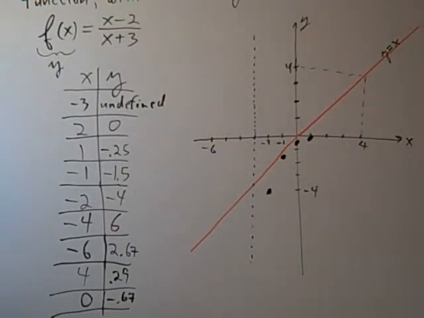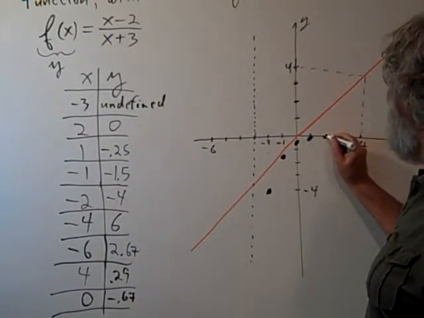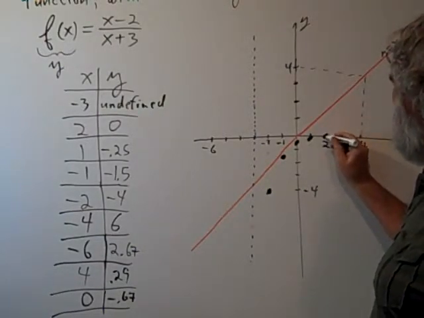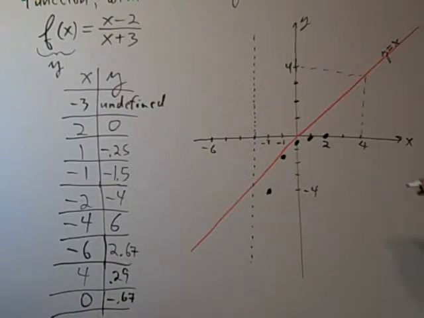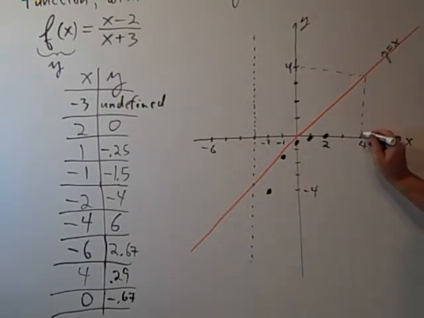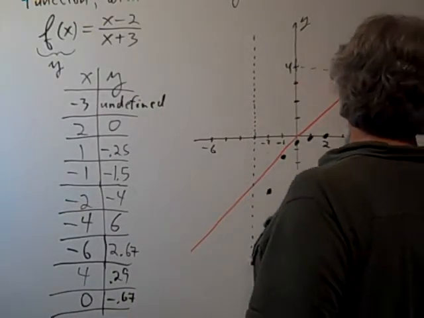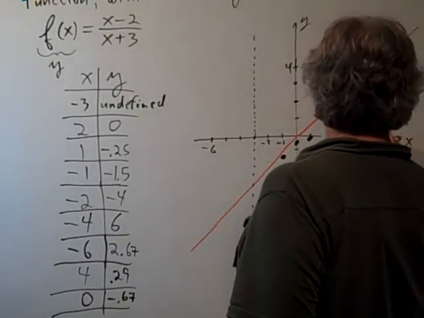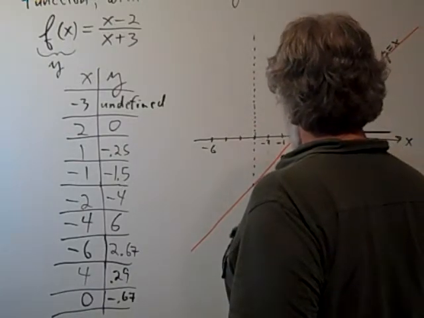When x is 2, we're at 0, so here's where the x-intercept is. Our curve goes through the x-axis right there. And at 4 we go up to 0.29, so just ever so slightly above. So it looks like this part of the function has a graph that looks like this.